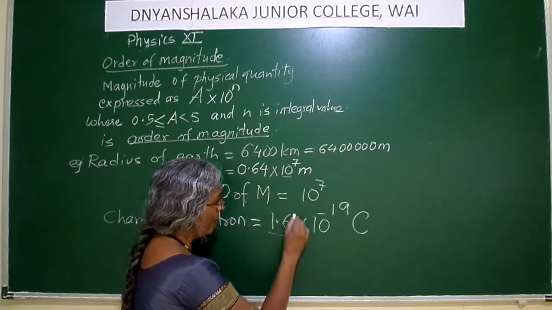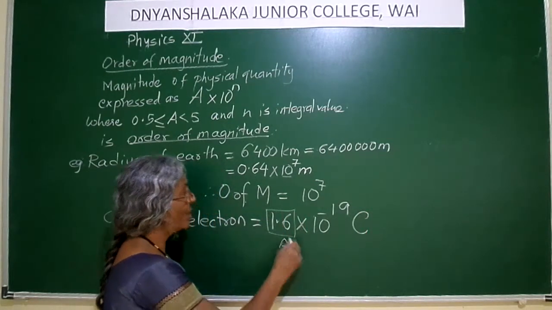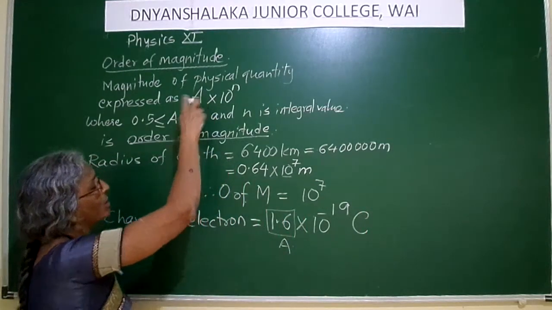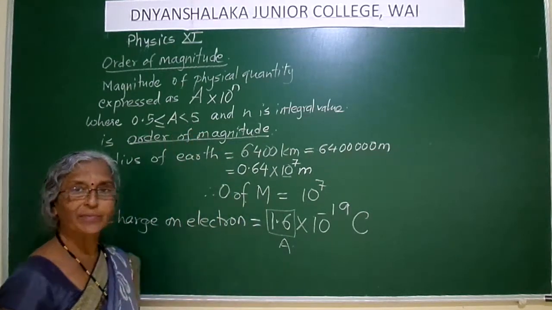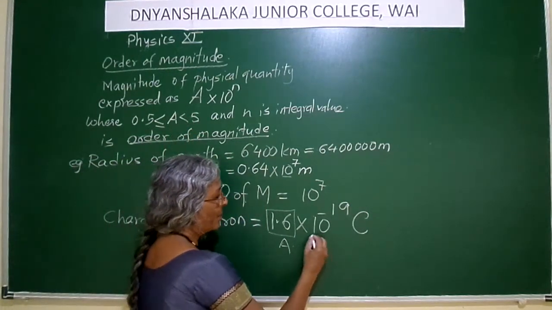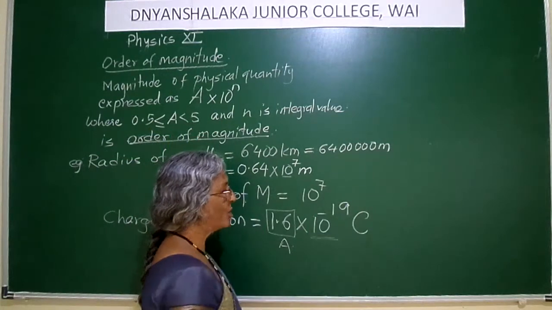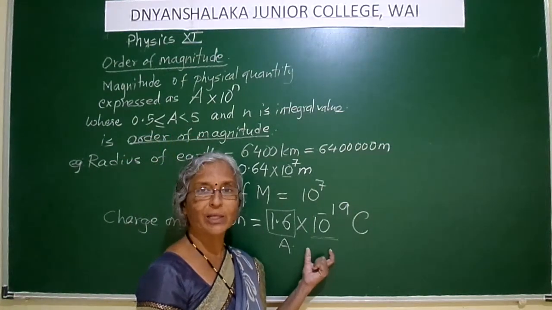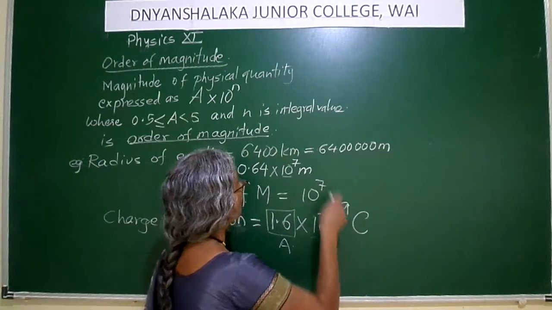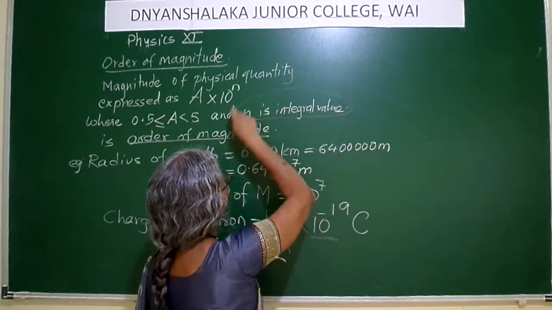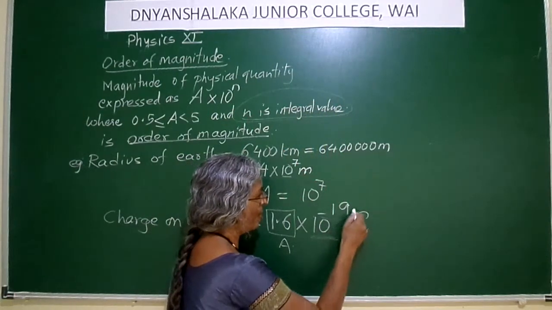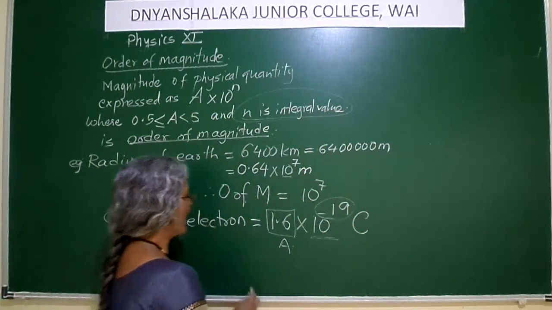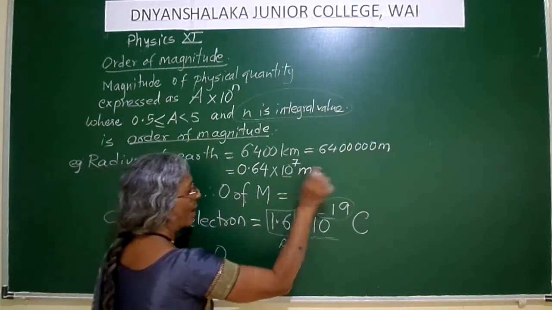So here 1.6 will represent the value of a, correct? Which is greater than 0.5 but less than 5. No problem. Then this becomes the value which will come in the order of magnitude. And to what power? n is an integral value, and this n becomes the order of magnitude. So what is the value of n over here? Minus 19.